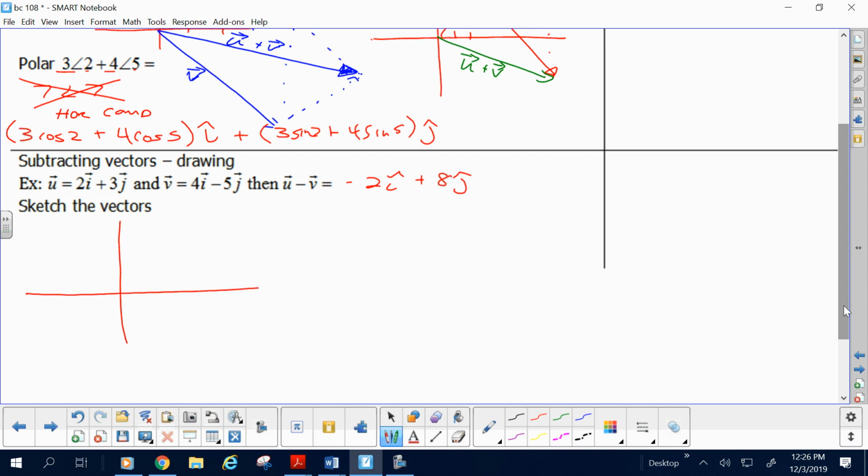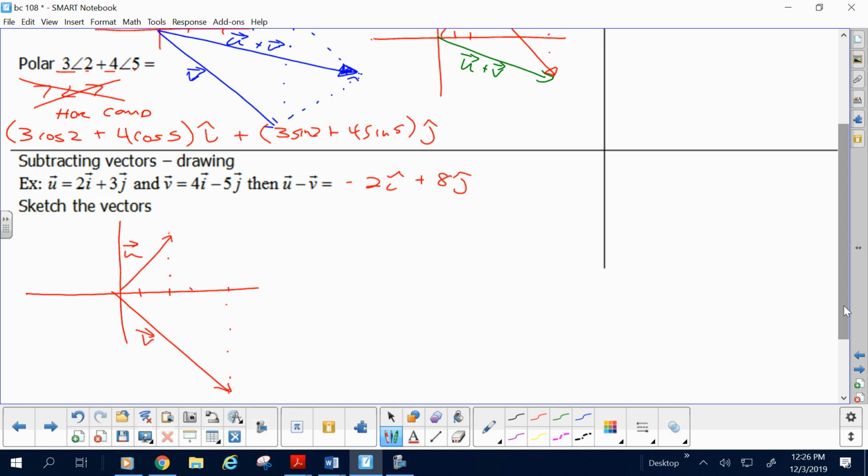The sketch of this. I'm going to do both from the origin, okay, not head to toe kind of thing. So u is 2, 3, there's u. Starting from the origin with v, it's right 4, down 5. Here's u, here's v.